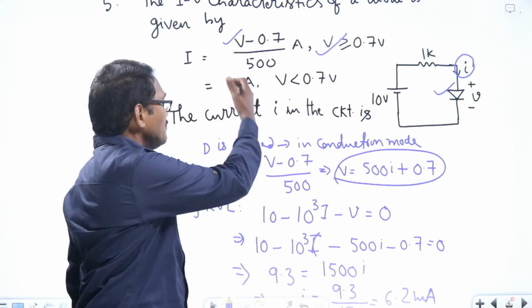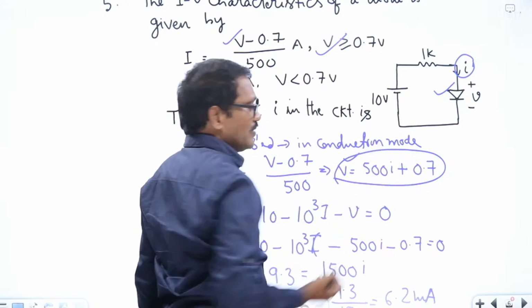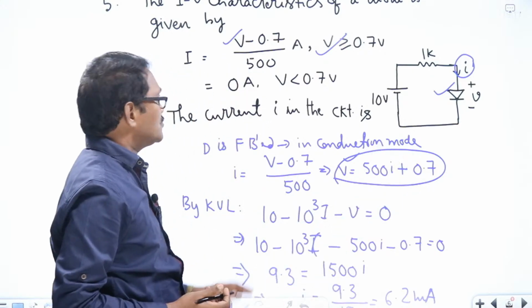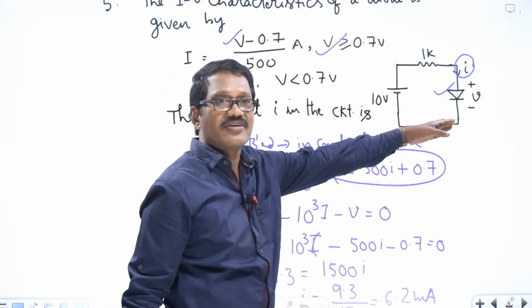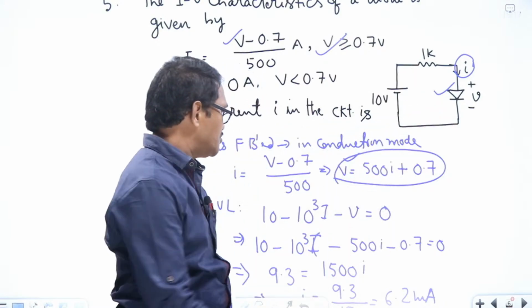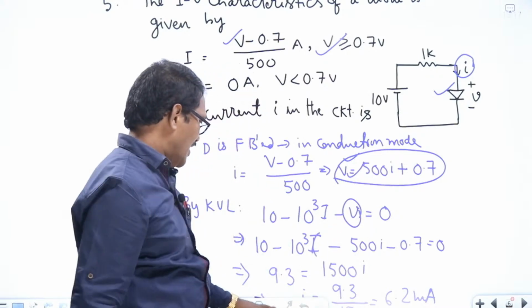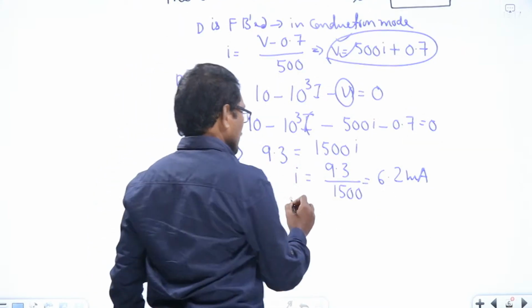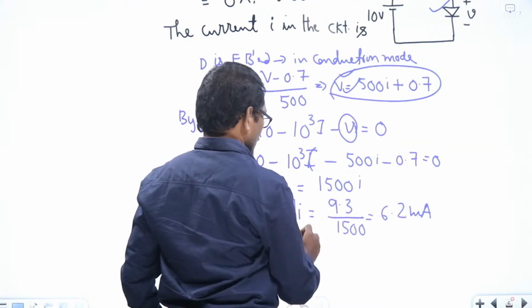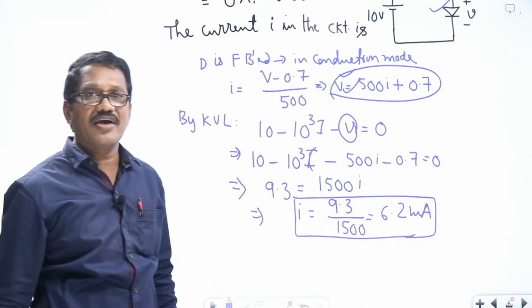Just by cross multiplication, we get V is equal to 500I plus 0.7. Right? So by KVL, 10 minus 10 cube I minus V is equal to 0. Substitute the V value in this expression, so we get 9.3 is equal to 1500I, and hence I is equal to 6.2 milliamperes. Have you understood this?